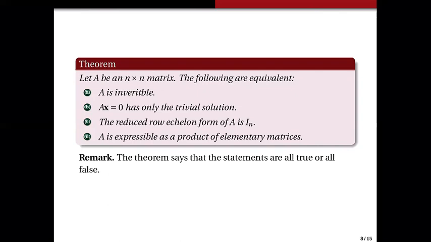Okay? And in fact, if you have a matrix A which is not invertible, if you try to do the same method, you won't get the identity matrix, which means you won't have the inverse.